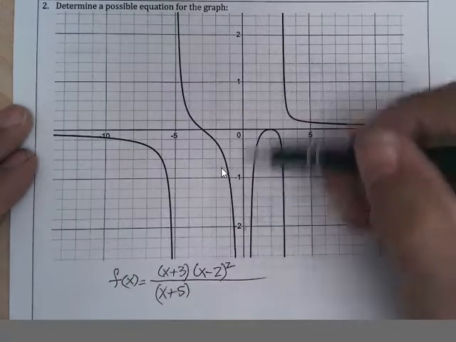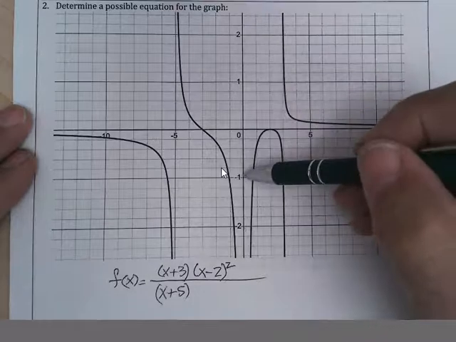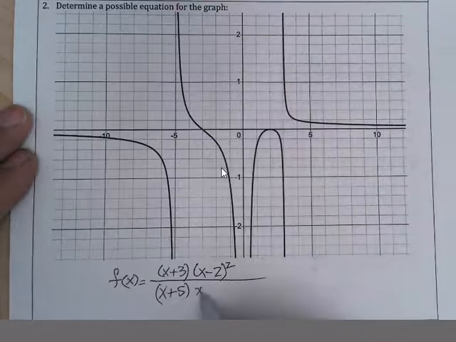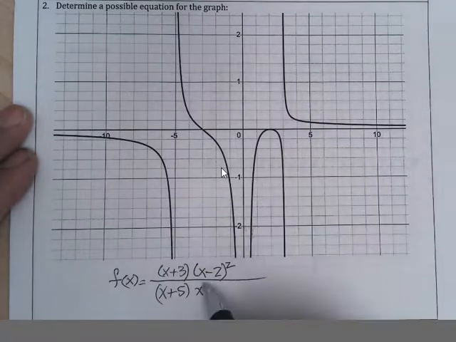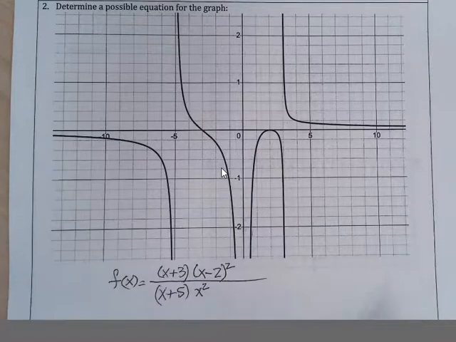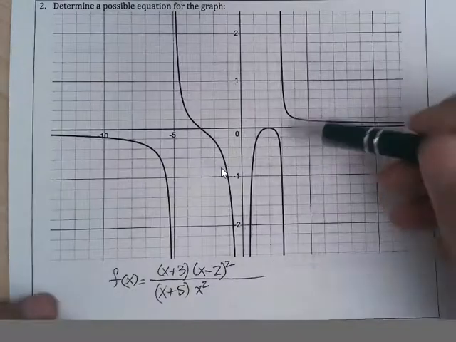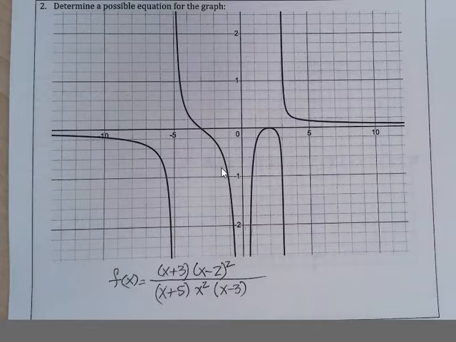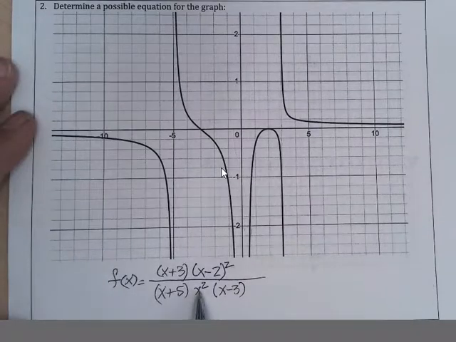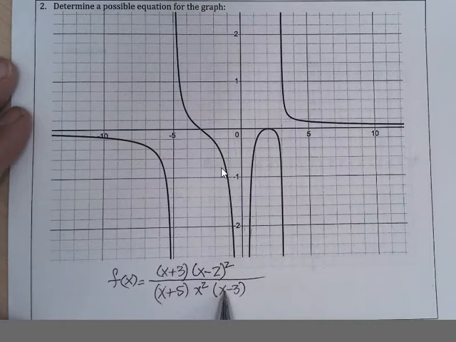And looks like there's a vertical asymptote at 0, so that means x is a factor. They go the same direction, so that must be squared. And there's another one at plus 3, so there must be a factor of x minus 3. And see, the degree of the denominator is 1, 2, 3, 4, degree 4.